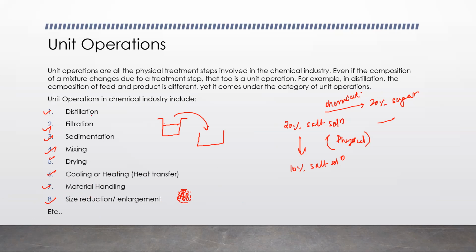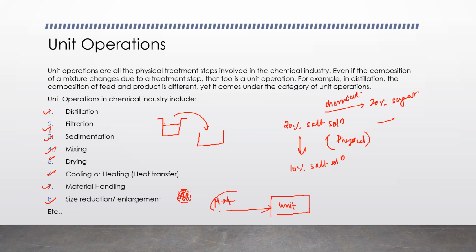As you can see, in all these unit operations, distillation, filtration, sedimentation, mixing, drying, cooling or heating, material handling, size reduction, suppose this is my unit, and this is some material being processed in this unit.